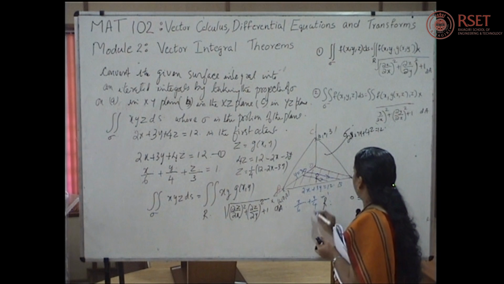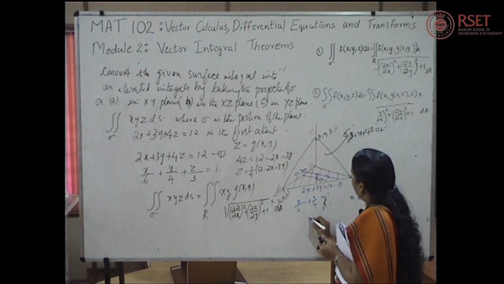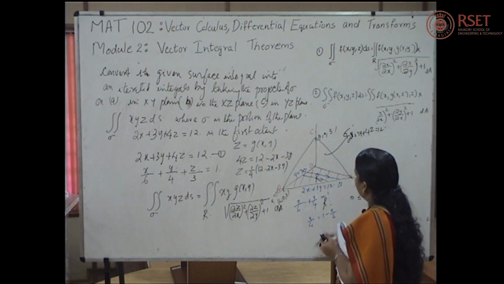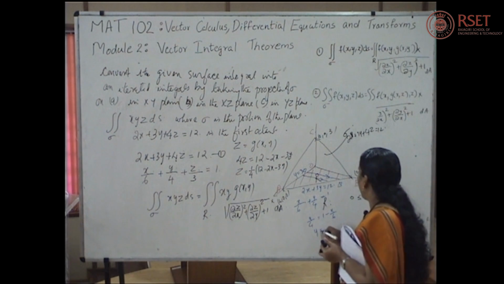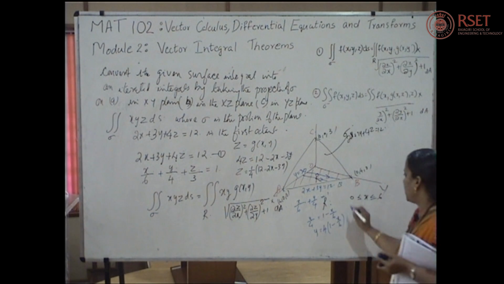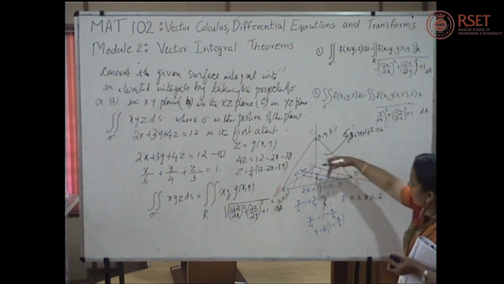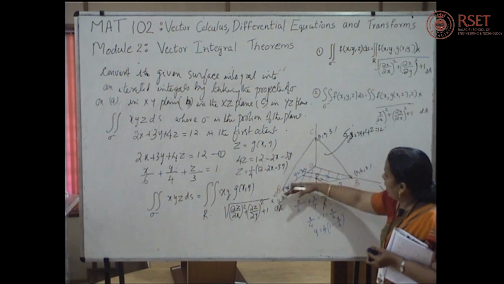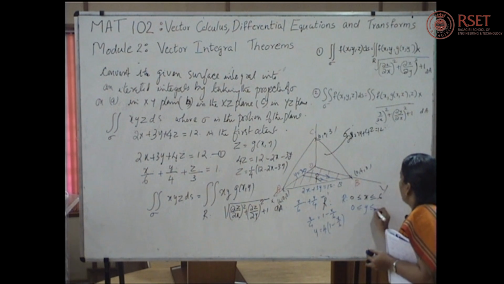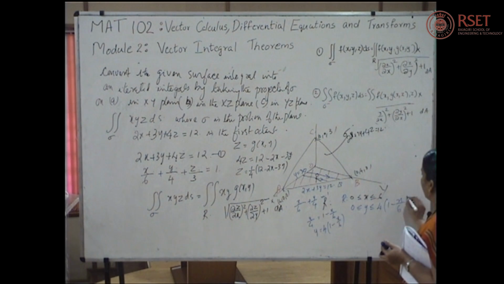Therefore, the y coordinate of B on the line AB is y by 4 equal to 1 minus x divided by 6, or y is equal to 4 into 1 minus x divided by 6. Therefore, the region of integration is: as x varies from 0 to 6, y varies from the line OA to the line AB, where y is equal to 0 to y is equal to 4 into 1 minus x by 6.